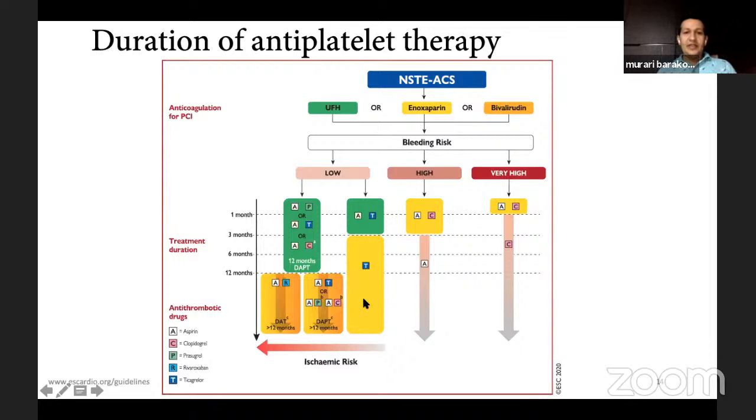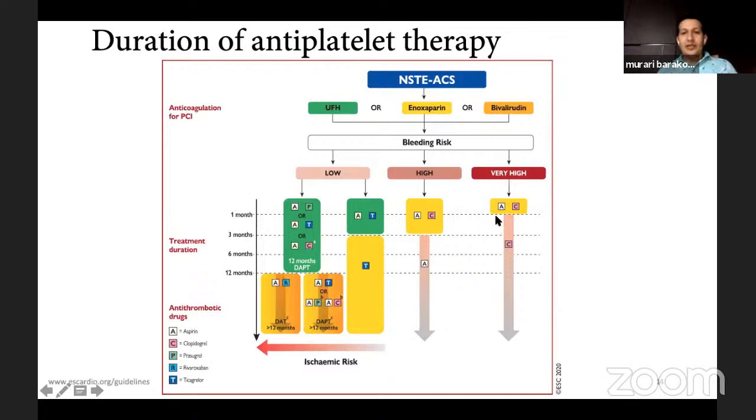The other idea is that after 3 months, if it is a relatively low bleeding risk and relatively low ischemic risk, we can drop off the aspirin and continue only ticagrelor. If there is a high bleeding risk, we do not want to give a highly potent drug; we'll give aspirin and clopidogrel alone, and we can drop off clopidogrel after 3 months.